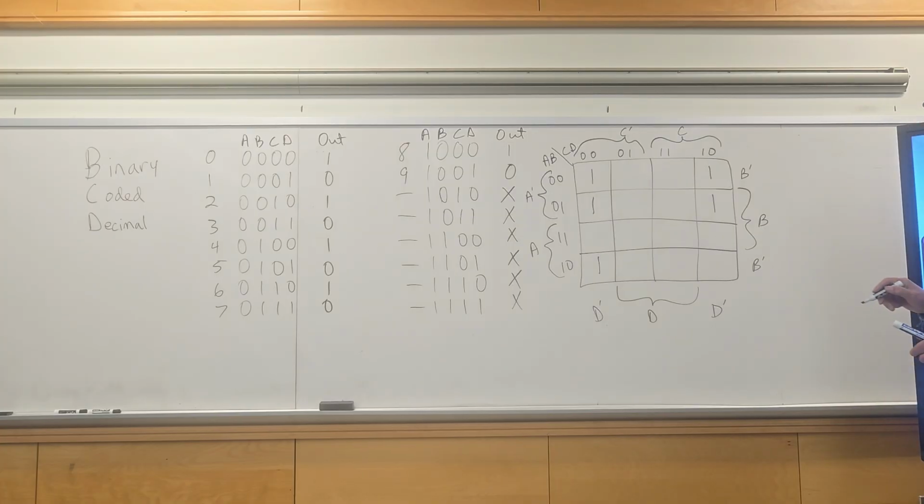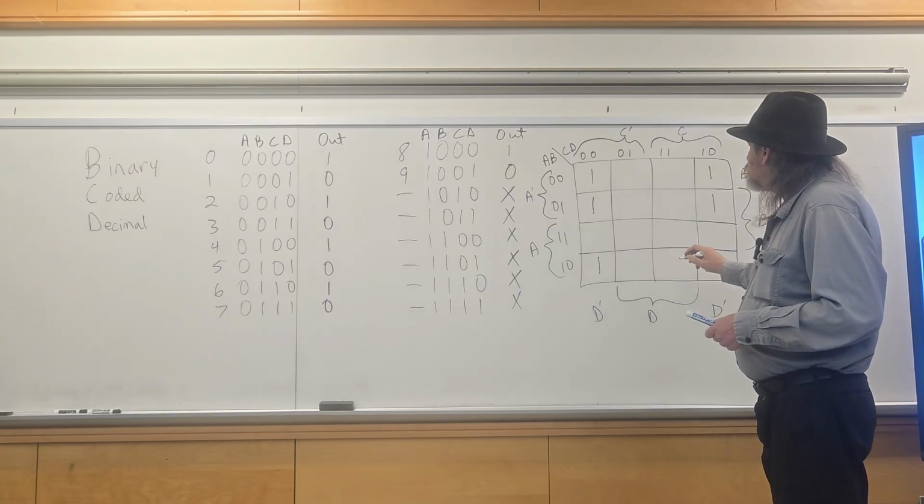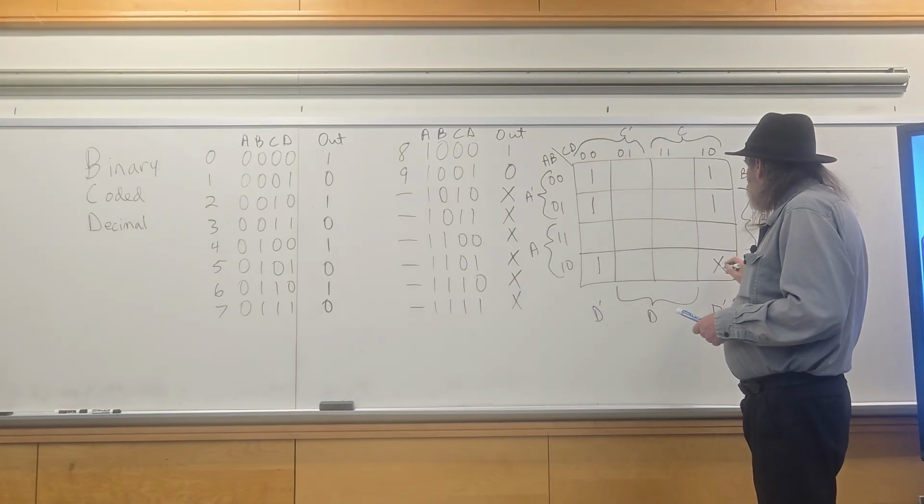Now the x's. You do the ones first and the x's second, and then fill in the rest with zeros. So 1, 0, 1, 0 is an x.